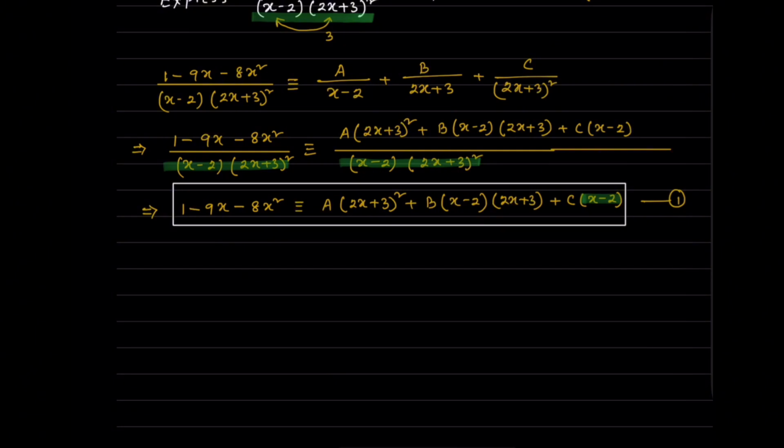So here we can write x minus 2 equals 0, or x equals 2, and put this x value in our main equation.